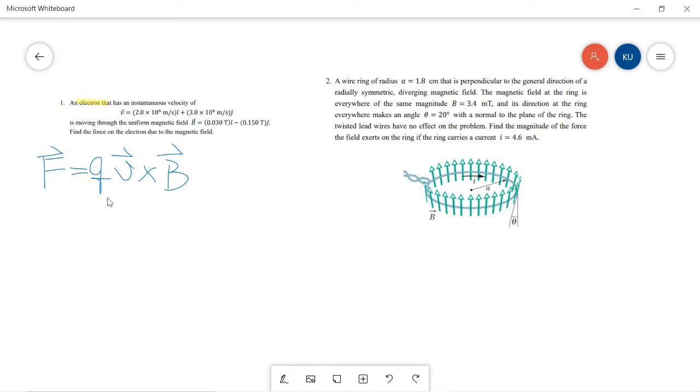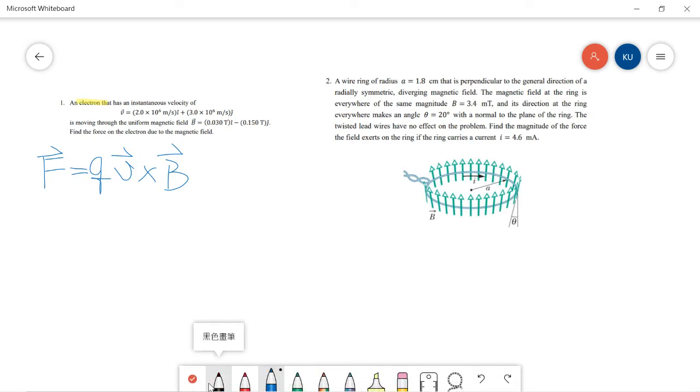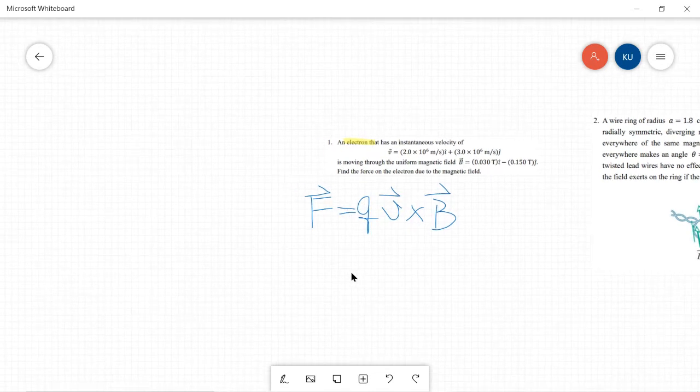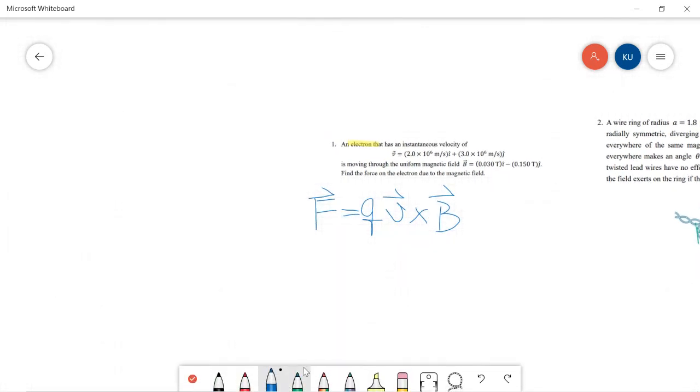So actually calculating the cross product is not difficult, but I think you should use some effort to learn about it, because although you may not use the EM theory much more later, in mechanics you should have known the torque should be the R cross the force.